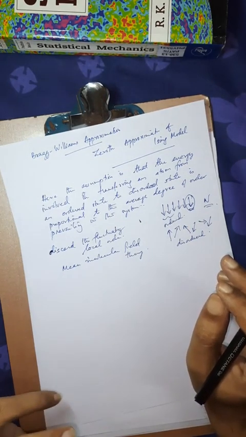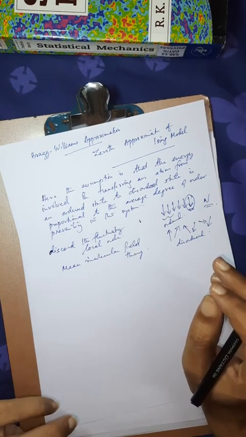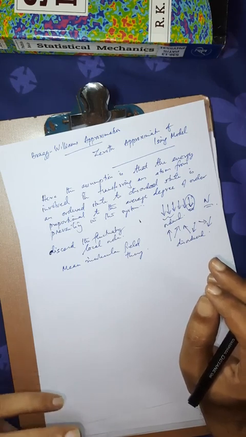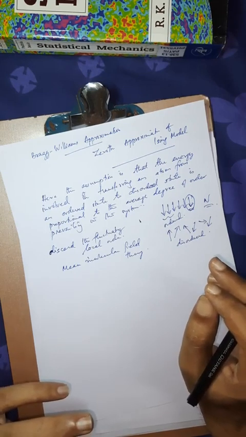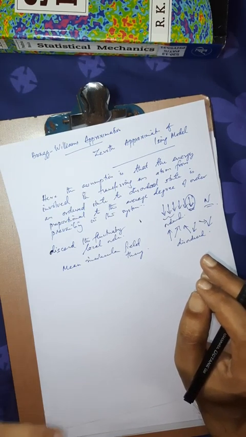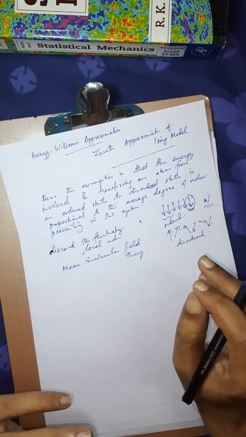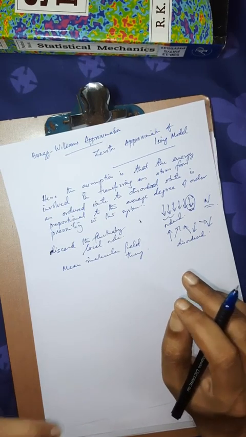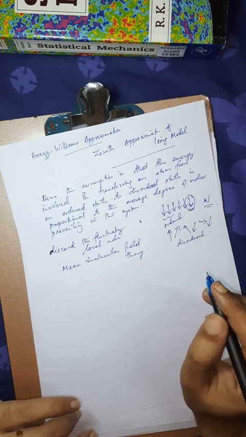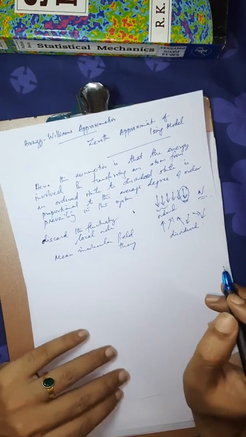Whenever we are trying to work on this model, one of the major assumptions we should build into the system is that the more interacting neighbors a given atom has, the more reliable the model will be, so that the effect of the local field can be neglected, right?